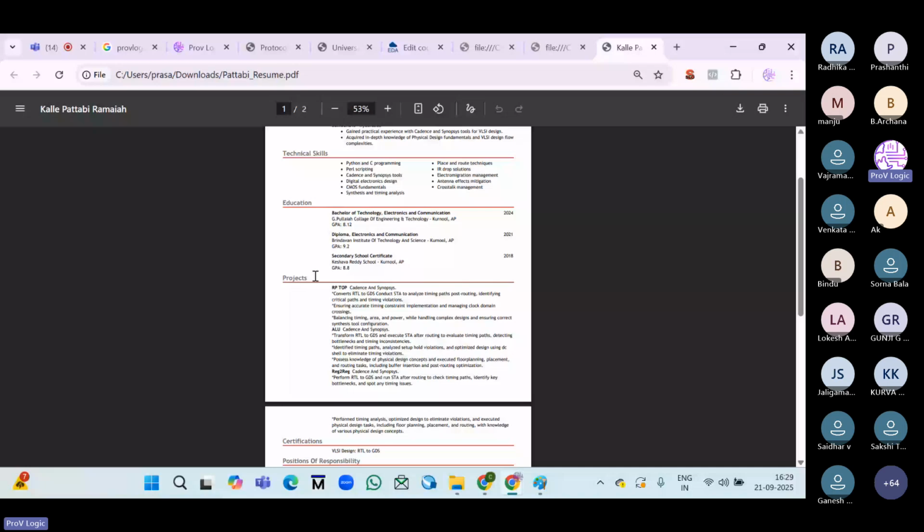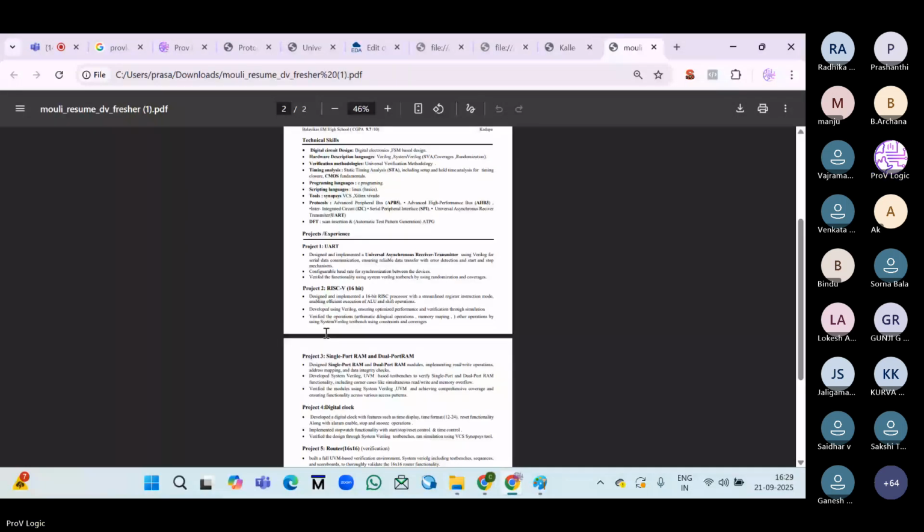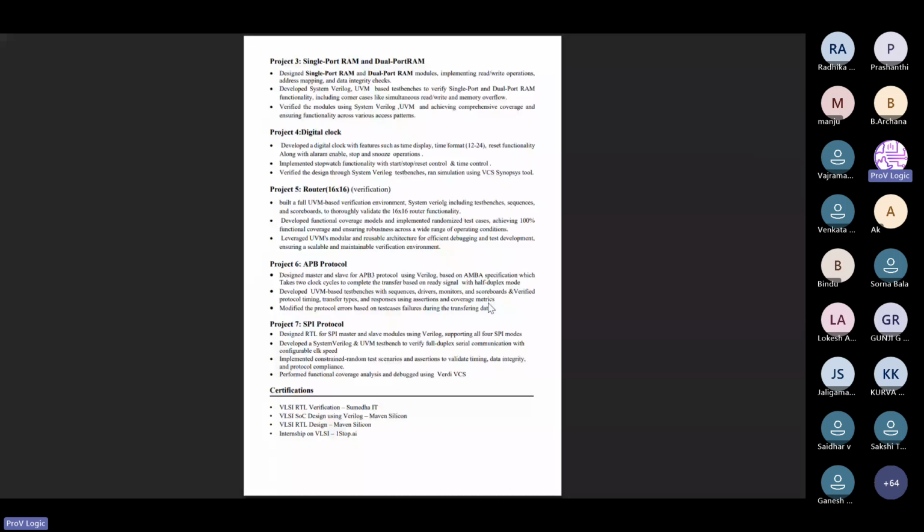This is not much preferable. Yeah, this will be good. Every time you can take a screenshot of this, and I can open another one.